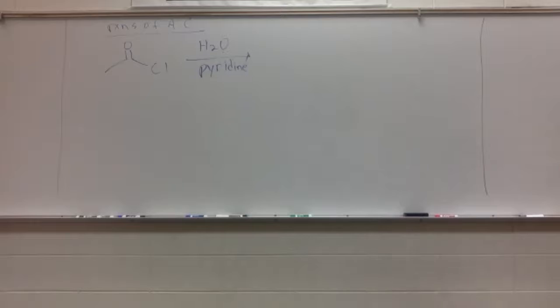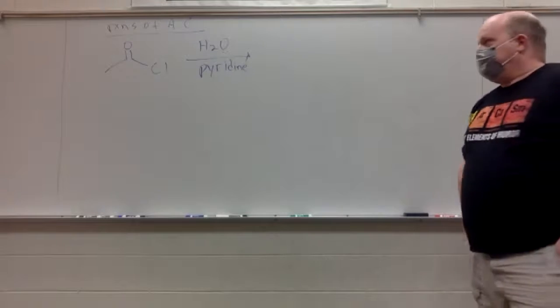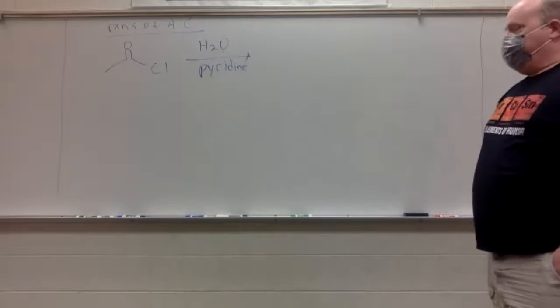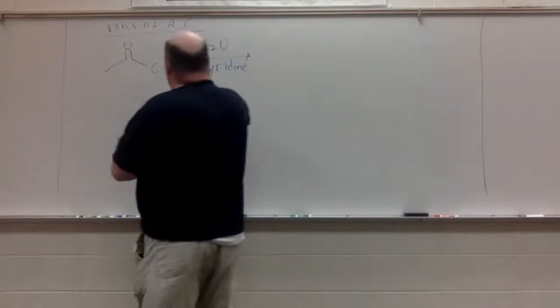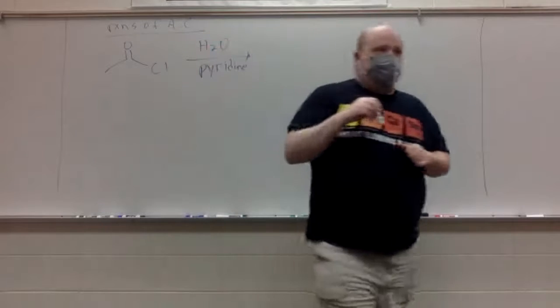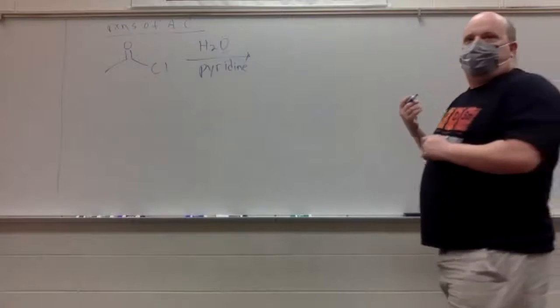What usually happens to that carbonyl group? Yeah, the carbonyl carbon likes to get attacked. It's a good subject for nucleophilic attack. That Cl is going to be a really good leaving group. So now the question is, what attacks it?